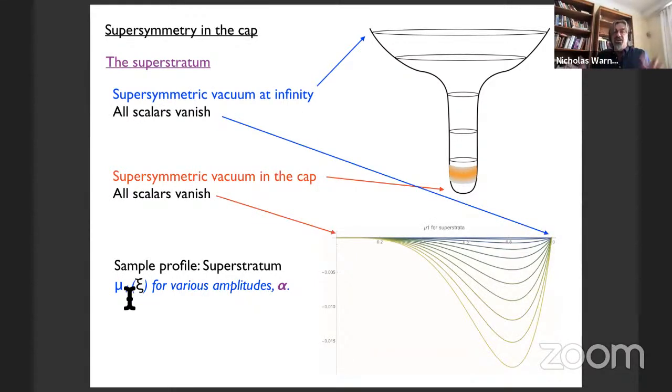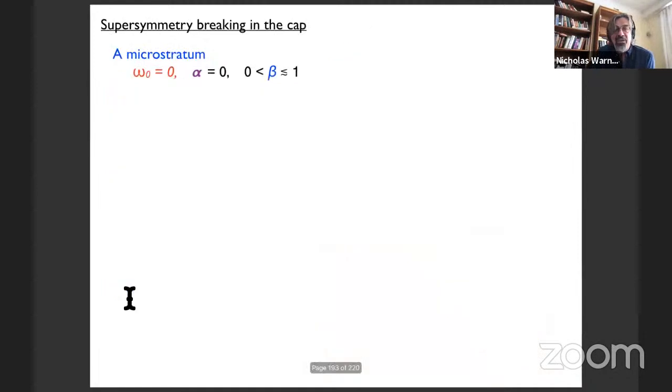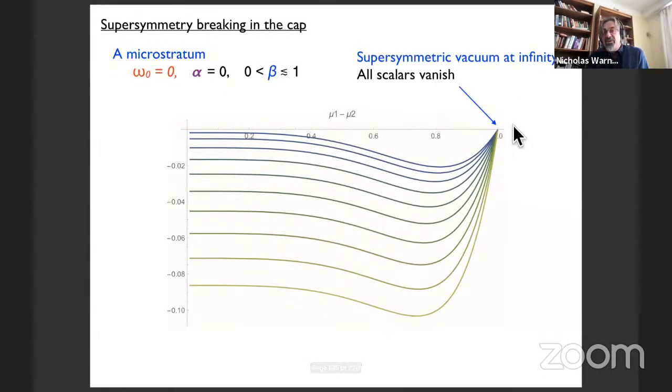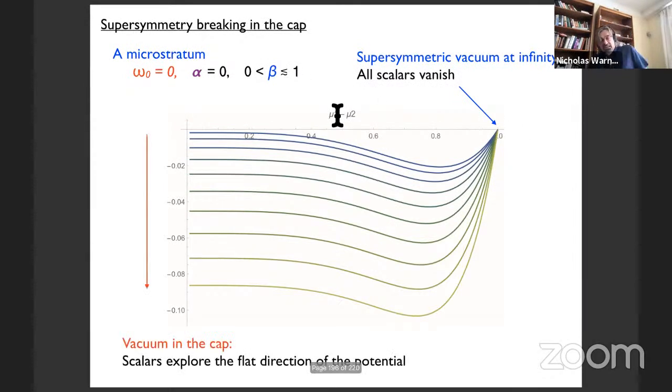So in the superstratum, infinity is a supersymmetric vacuum, and the cap is also a supersymmetric AdS vacuum. But if you do this for microstrata, you find in one particular example that, yes, it's supersymmetric at infinity and it vanishes, but this particular scalar tells you the vacuum in the cap, and it is exactly exploring the flat direction of the potential. So supersymmetry is manifestly broken by this solution.